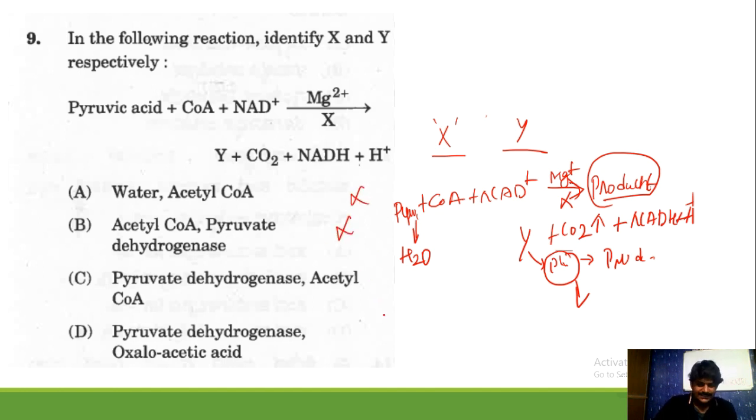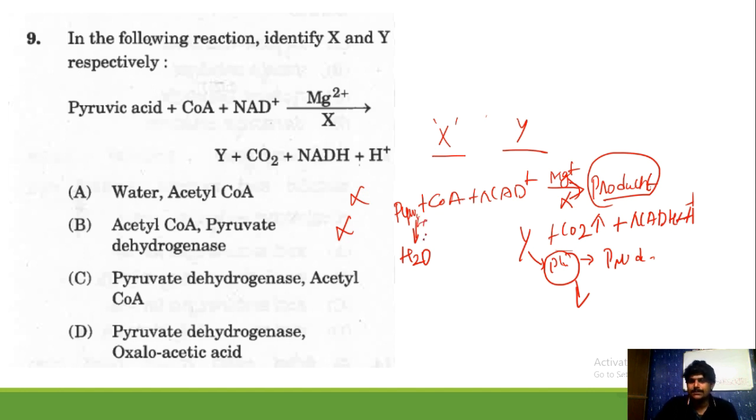Then let's see the next one, that is pyruvate dehydrogenase and acetyl CoA. Okay, let's concentrate. See, pyruvic acid reacts with coenzyme A, and NAD plus is also one of the reactants, in the presence of magnesium ion and X. So we are getting NADH plus H plus.